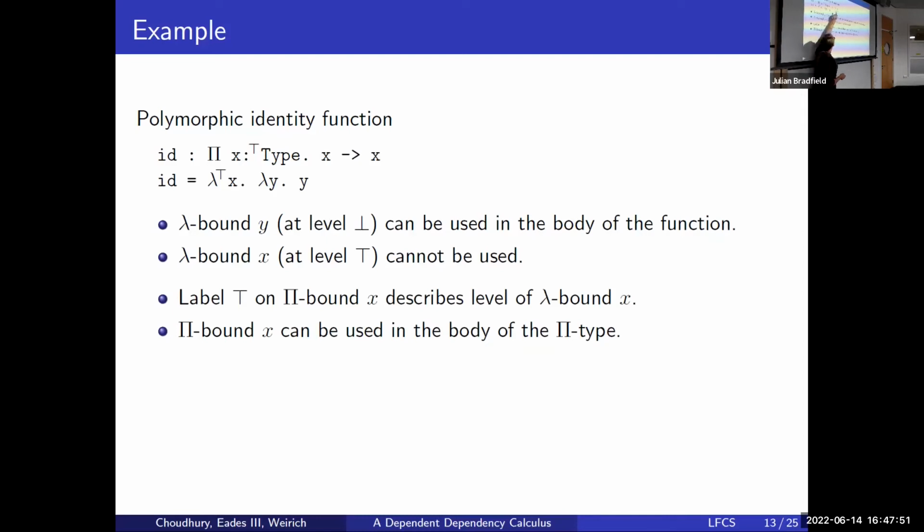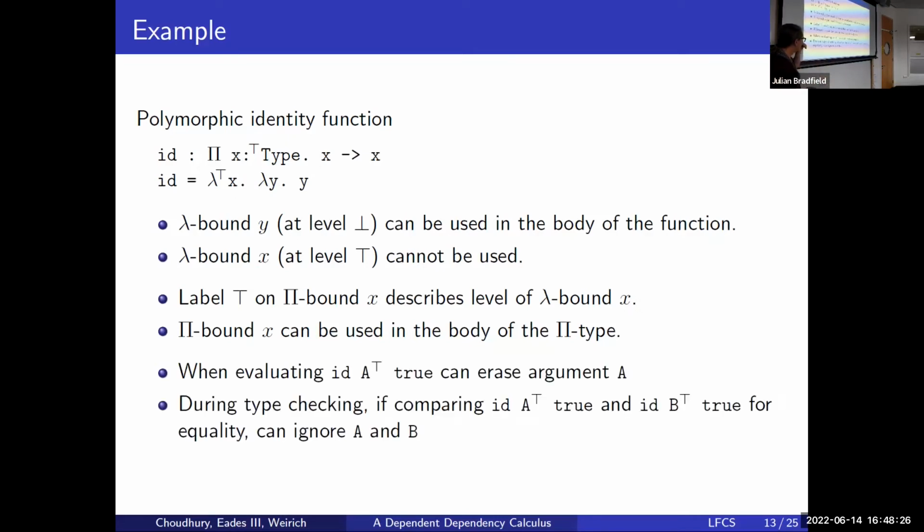I don't want this to be top. I want to be able to write the type of my polymorphic identity, and it's going to be relevant at compile time. So when you see the label in a pi type, you need to think about it as the label of the variable of the function that has that pi type. It's not talking about uses of the variable in the pi type itself.